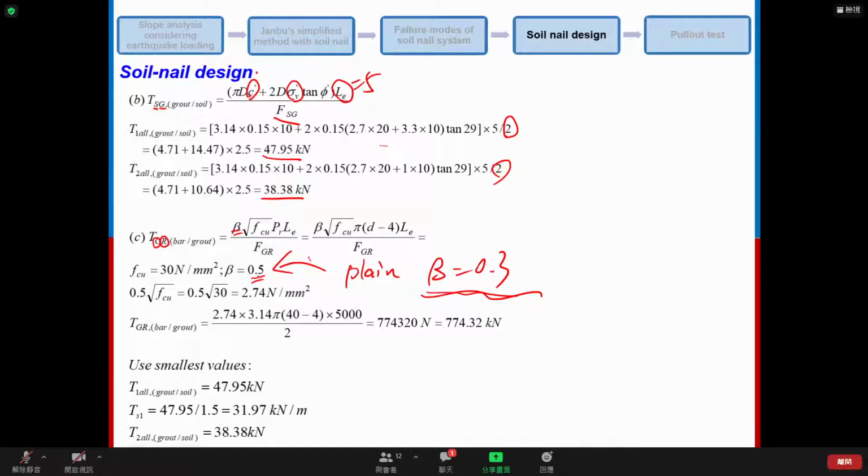So here beta is equal to 0.5. And we also consider the corrosion problem. We get this result for the TGR. You can see that the TGR value is much larger than this value, almost more than 20 times larger, right?